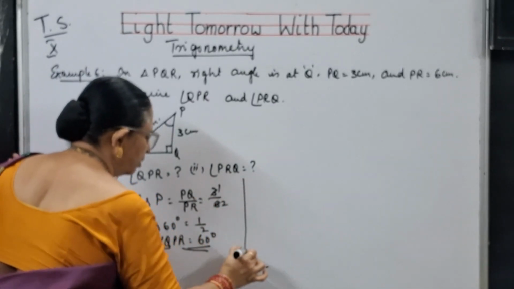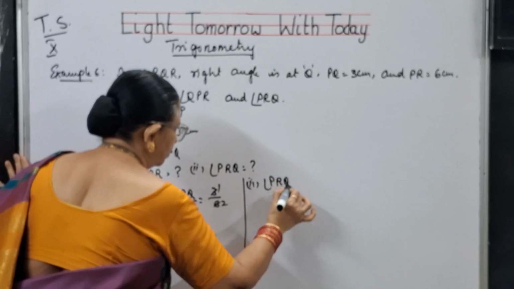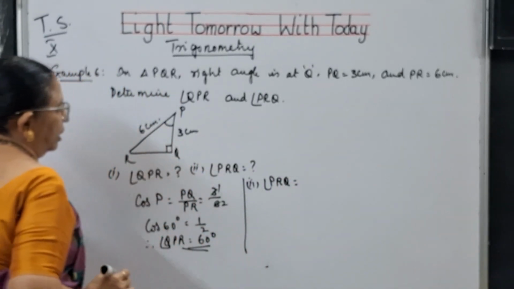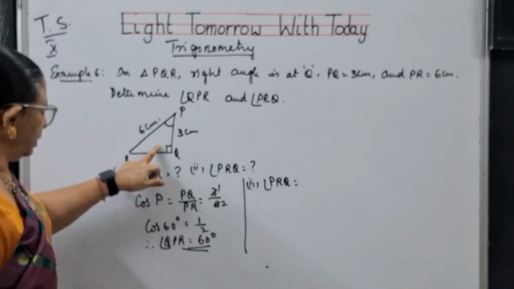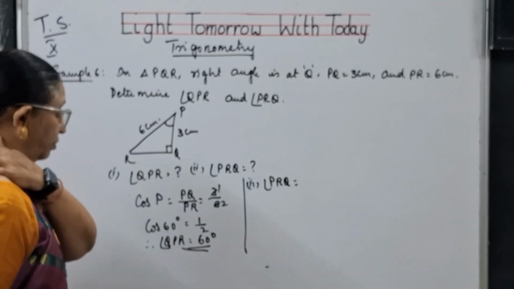So what is angle PRQ? Angle PRQ can be taken as, again, angle PRQ. There are two ways you can do. 90 plus 60. How much you will be getting, children? 150.